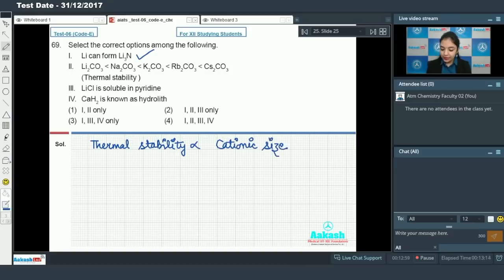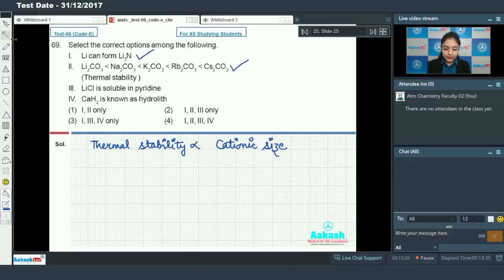So the greater the size of the cation, the greater the thermal stability. And you know that as we move down the group, the cationic size increases. So cesium plus has the largest ionic size, so cesium carbonate will have the highest thermal stability. So this order is absolutely correct.